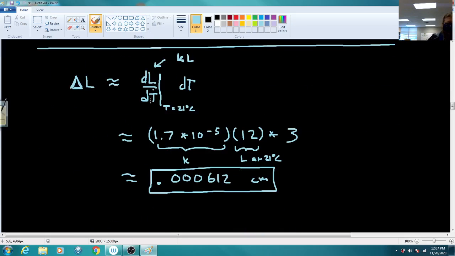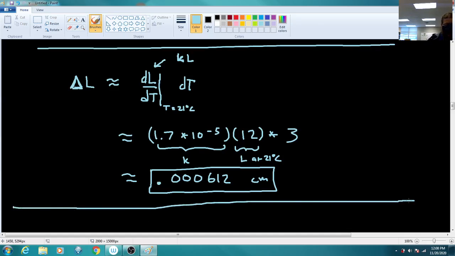And then we just use our approximation, which normally is f prime of a, but instead we're using our Leibniz notation, so it's dl dt, and we're basing that around 21 degrees as our starting point. And then we have dt, which we could say is the change in temperature, and that's 3. And we use that to get our answer.